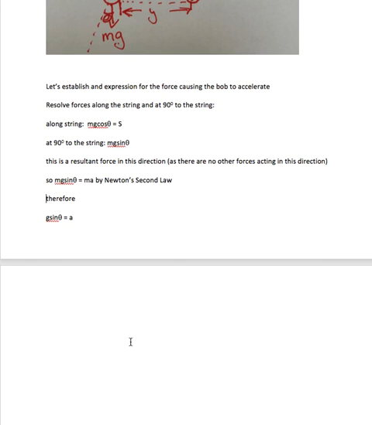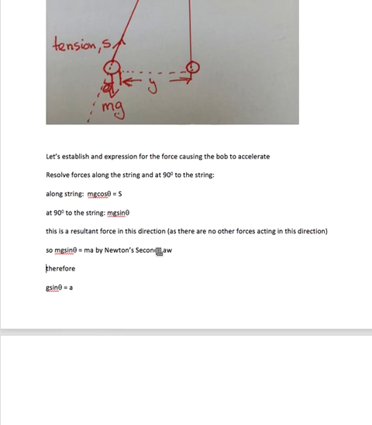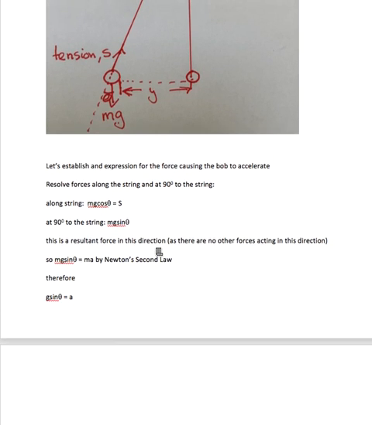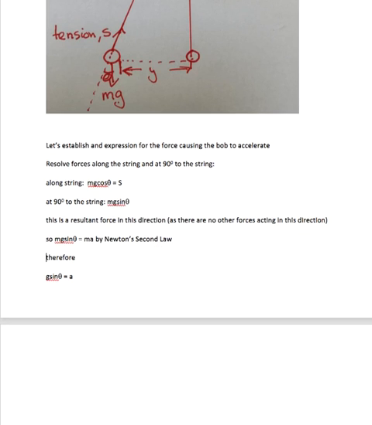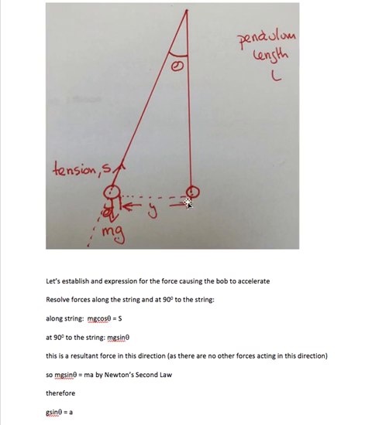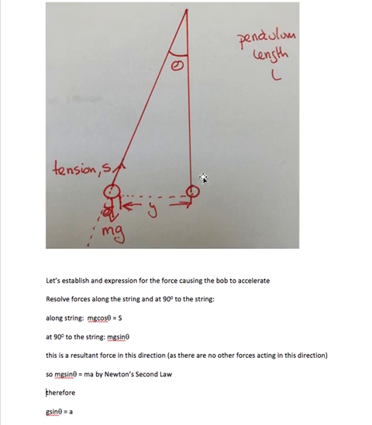It's not looking very like simple harmonic motion right now, is it? Because although g is a constant, we have a proportional to sine theta, and we need a proportional to the displacement. So if we go back and we look at this distance y, we can say that as long as theta is small, and here we have a really important condition for the simple pendulum, as long as theta is small, then sine theta and theta are going to be the same value if you take theta in radians.